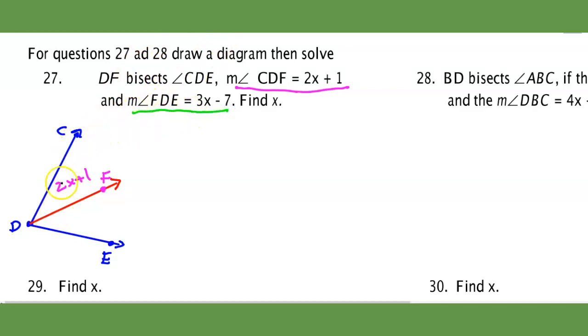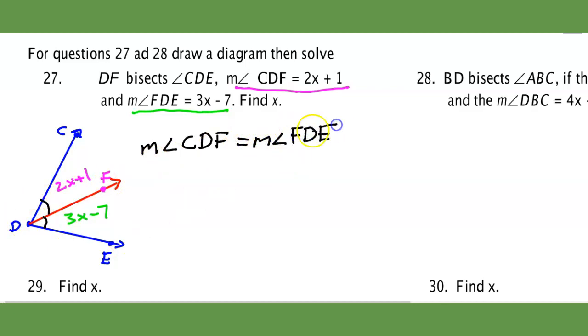FDE will be 3x minus 7. And we do know these two angles are equal to each other. Right? So since the measure of angle CDF is equal to the measure of angle FDE, that must mean that 2x plus 1 is equal to 3x minus 7.